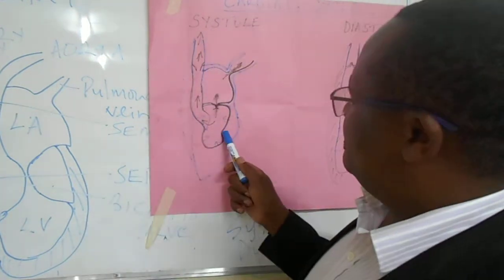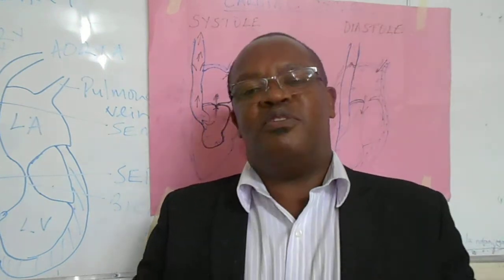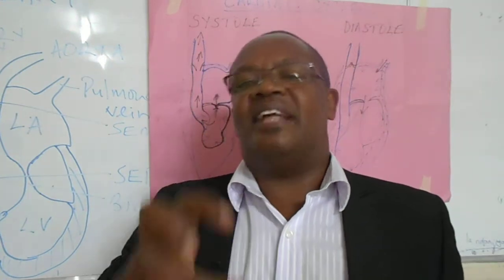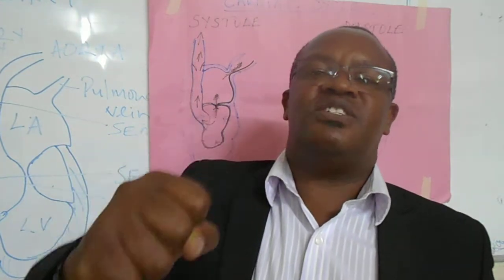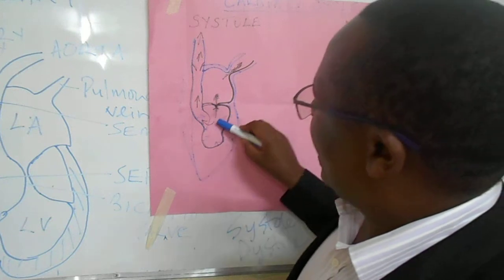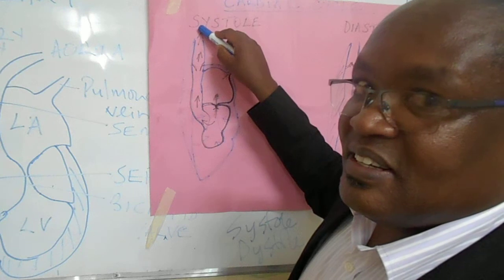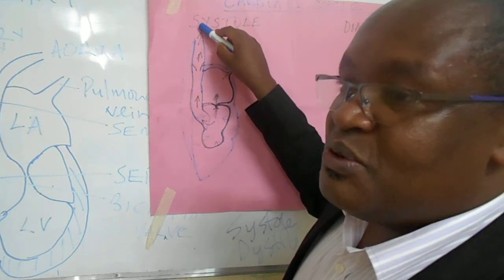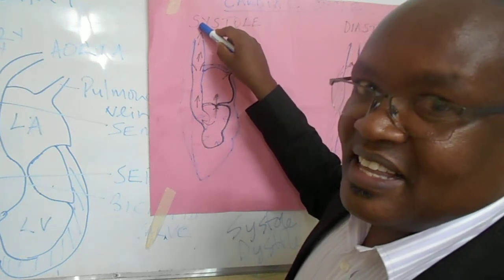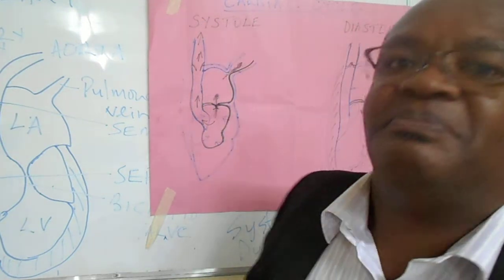As you can see here, when they contract, the volume of the ventricle reduces and the pressure in the ventricle increases, and this squeezes the blood out of the ventricle to either the pulmonary artery or aorta.